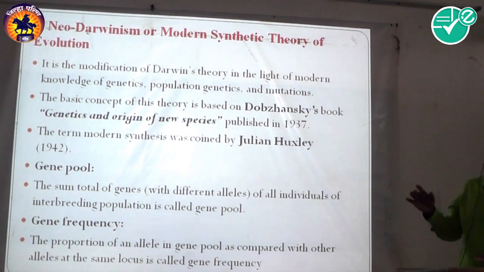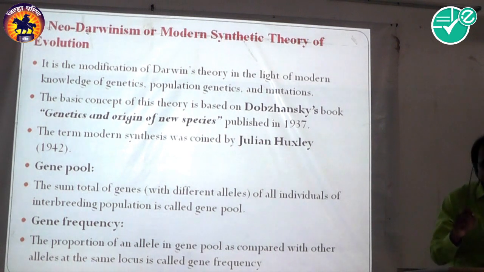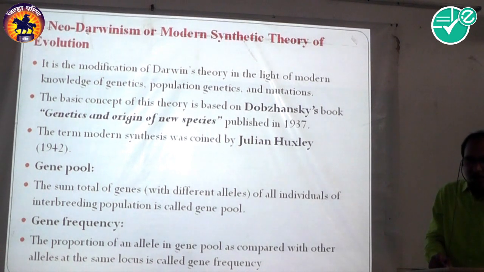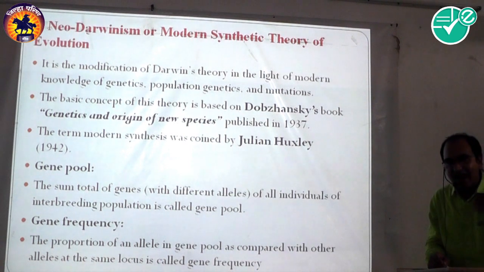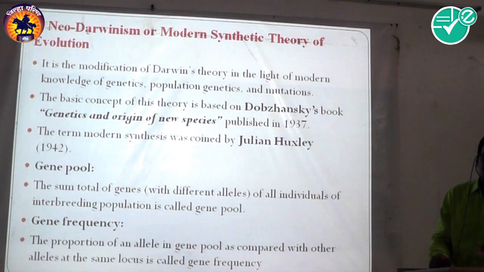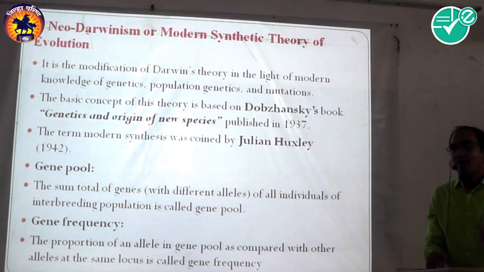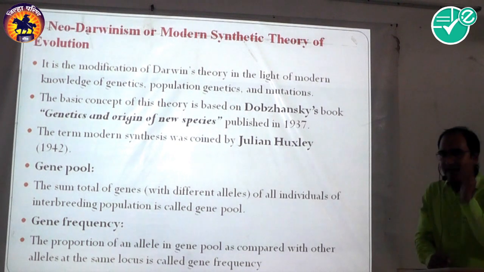While we study population genetics, because in neo-Darwinism we have to study population genetics, our population is considered a Mendelian population, because we follow the laws of Mendel.